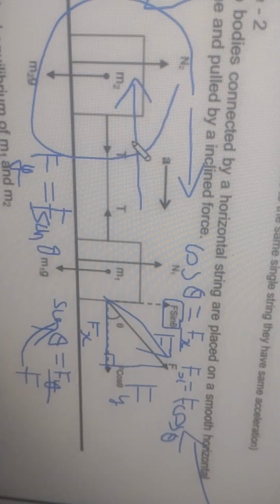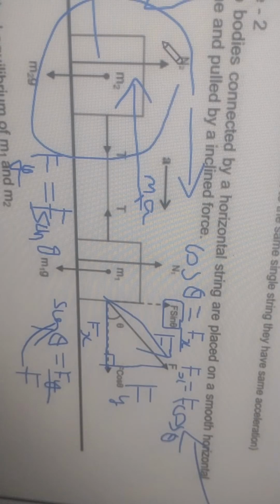This is M1a for this body, and for this body it will be in the opposite direction, M2a.